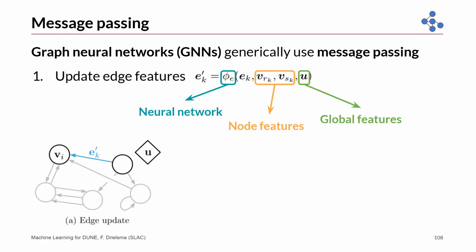And then you combine it with information from the node. So if you have an edge here connecting these 2 nodes, you can take the features from the 2 nodes and the edge, and also the global state of the graph, which is this U here, and put that through a neural network. That's going to effectively change the input edges into a new set of features for that edge. That's what's called edge update.